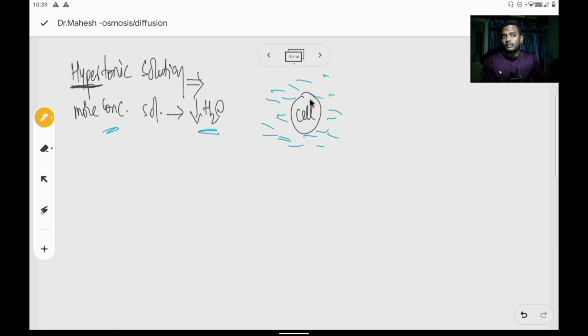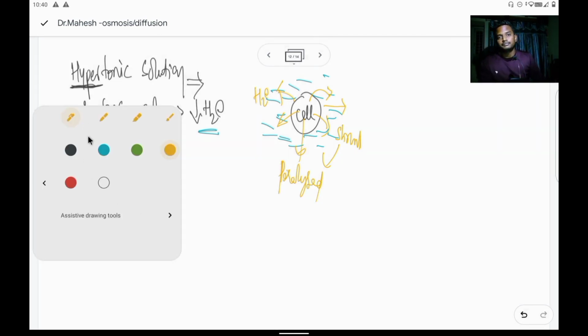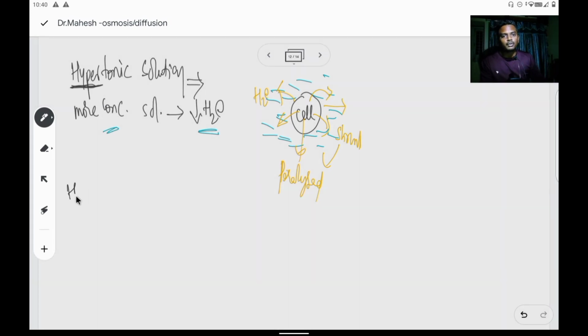So water in the cell comes out, and the cell will shrink and be paralyzed. Now another term, hypotonic.